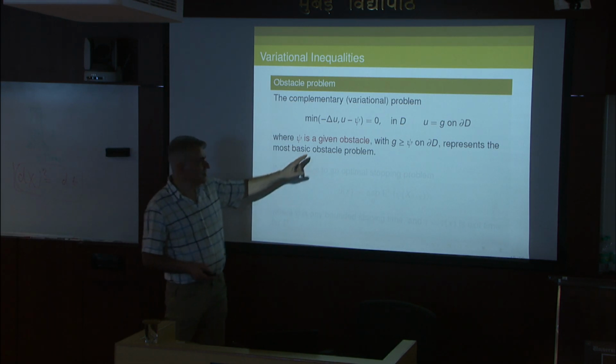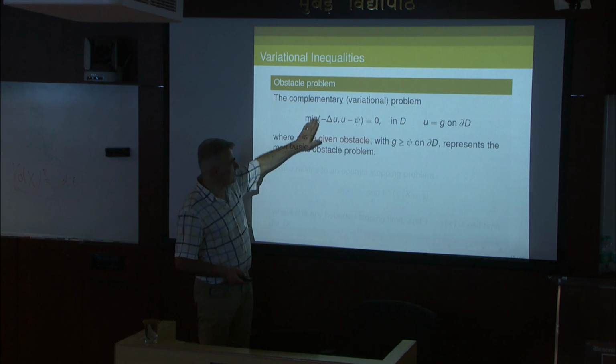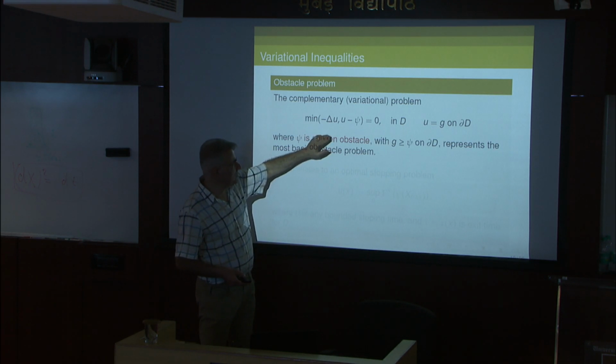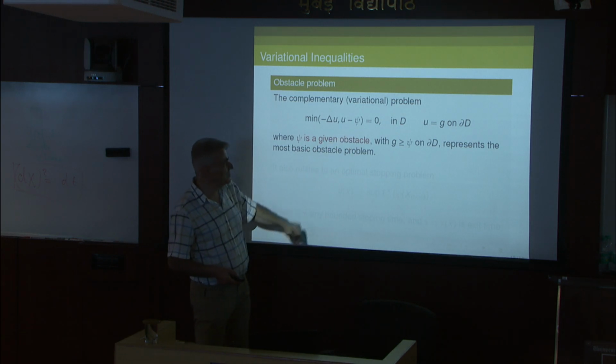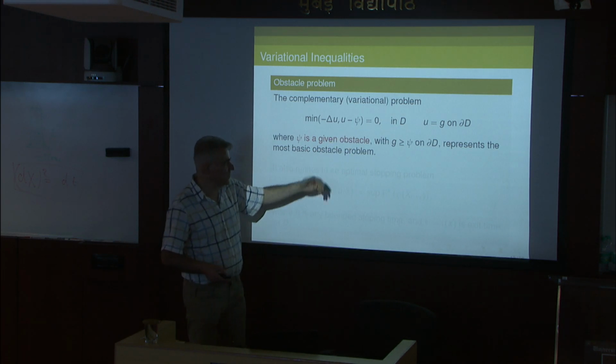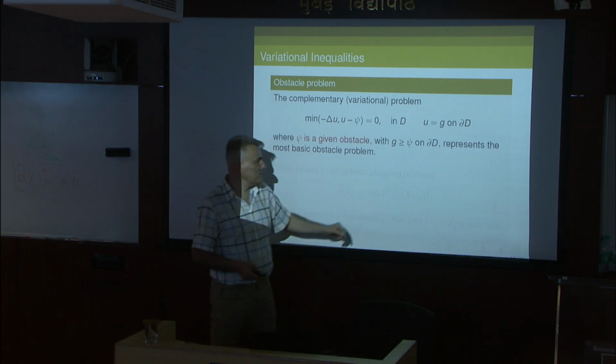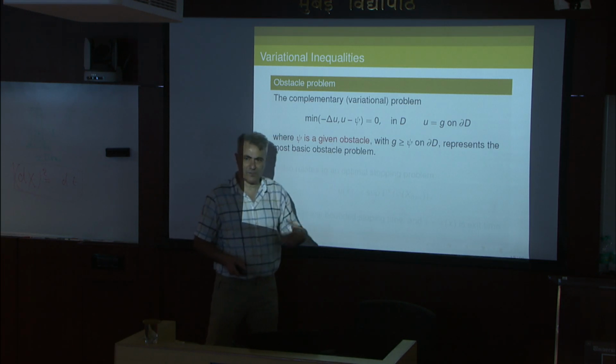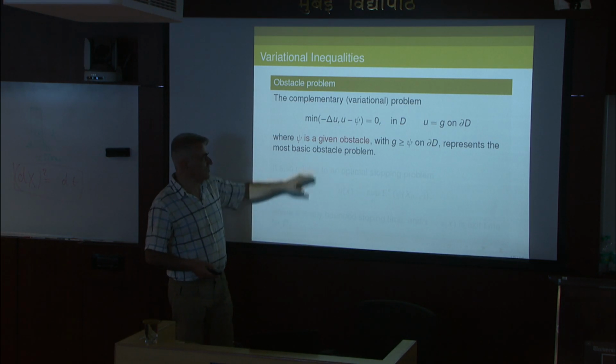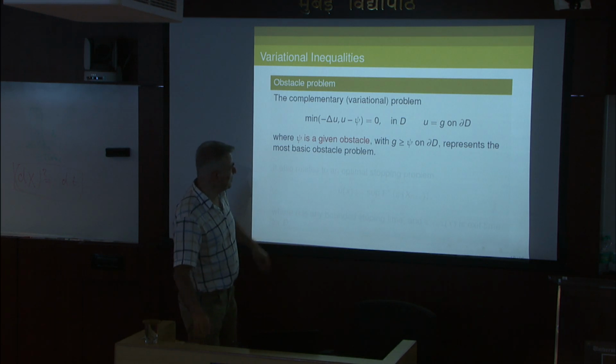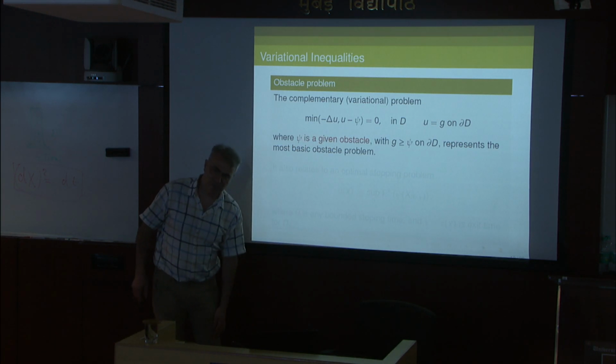So what you say is, forget about this. So the Laplacian we recognize, psi is a function, let's say, we recognize it. It's given to us, psi is given to us, and g is also given to us in boundary values. What I'm looking for is that the minimum of these two has to be 0.